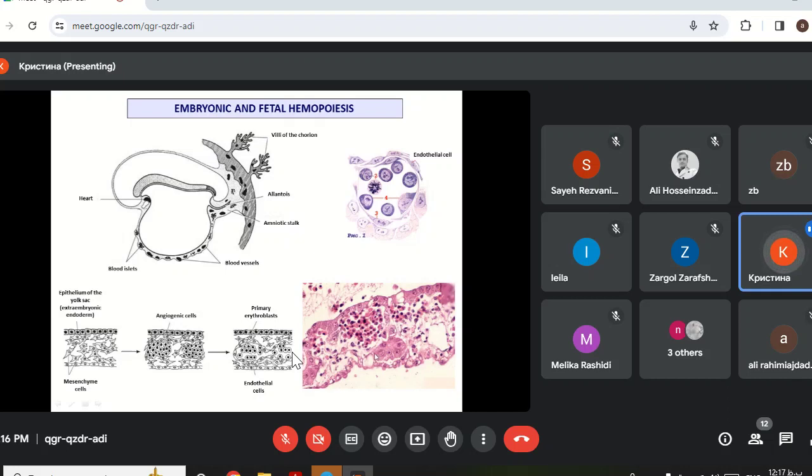And this is how it looks in the embryo section. The first erythrocytes still have cell nuclei, and the wall of the blood vessel is formed.